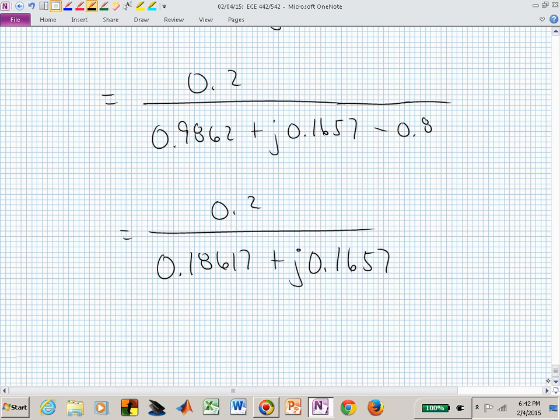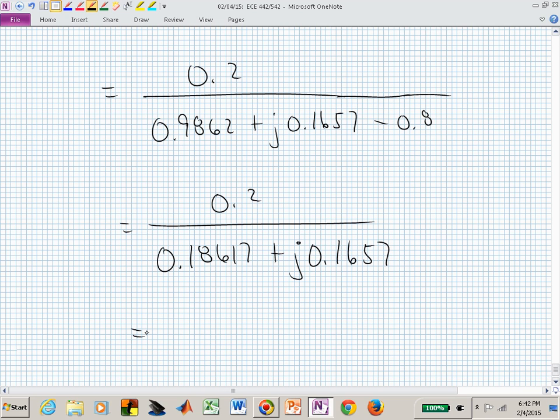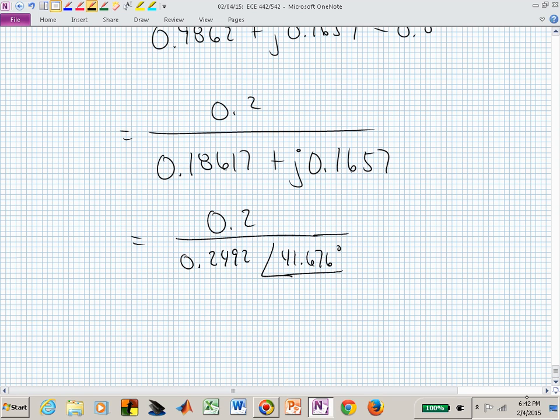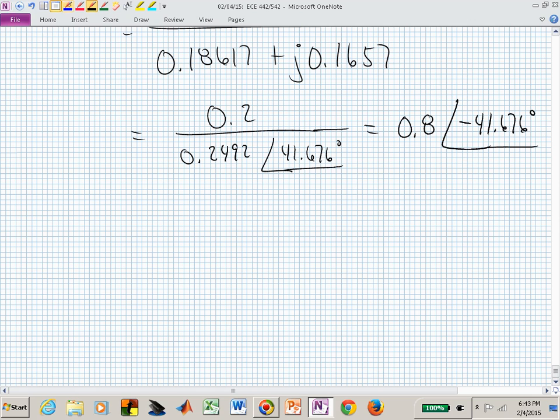And we can then find its length and angle. Dividing that out, we end up with 0.8 at an angle of minus 41.676, and that can now be substituted into our time domain output sinusoidal steady state response.